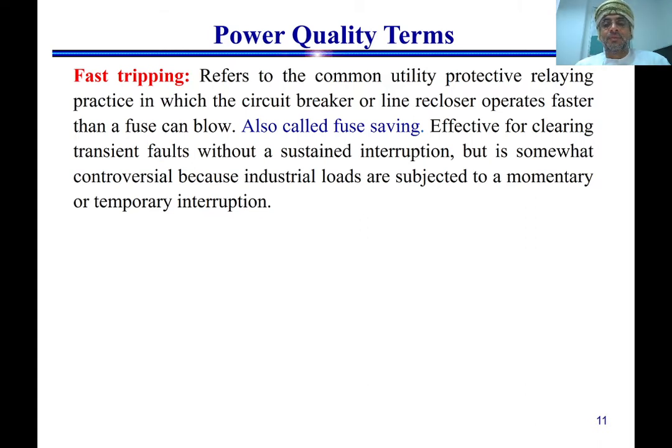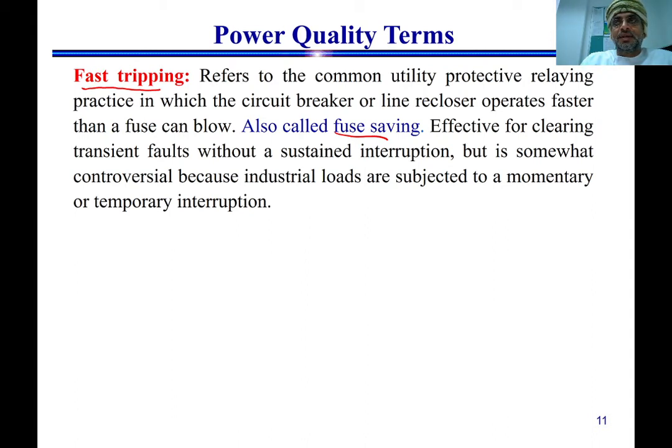Okay, so we know that we have a circuit breaker, we have a fuse. Something goes wrong, we are supposed to have the fuse blown out. But over here, what we call fast tripping, the circuit breaker will trip before the fuse. So that's why we call it fuse saving. And this is effective for clearing transient faults.